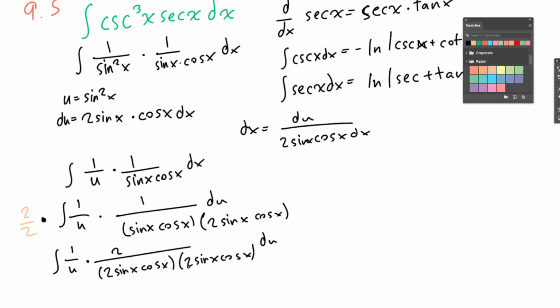This then equals the integral of 2 over u times 2 sine 2x squared du.